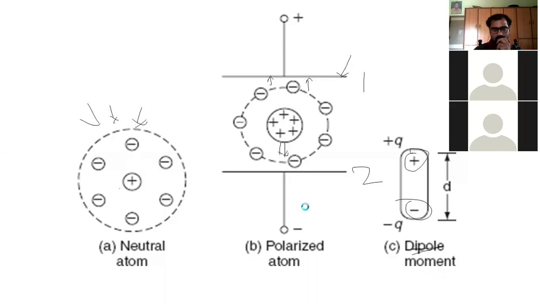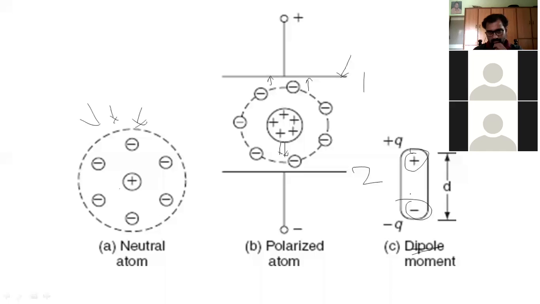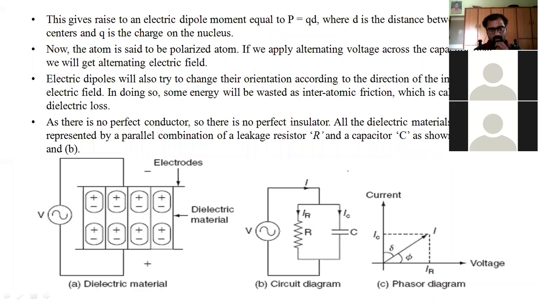After that, he did some experiments regarding these dielectric materials. Finally, we have changed the nucleus atom into a dipole moment. By using these dipole moments, the charge distribution is used to heat up your charge.